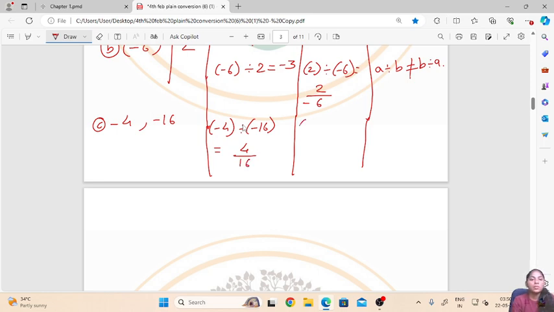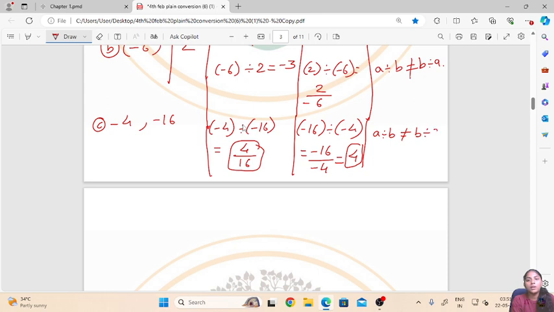Then we will do minus 16 divided by minus 4, that is b divided by a. Here we will get the answer as minus 16 upon minus 4, which is 4. So we are not getting the same answer, thus a divided by b is not equal to b divided by a.